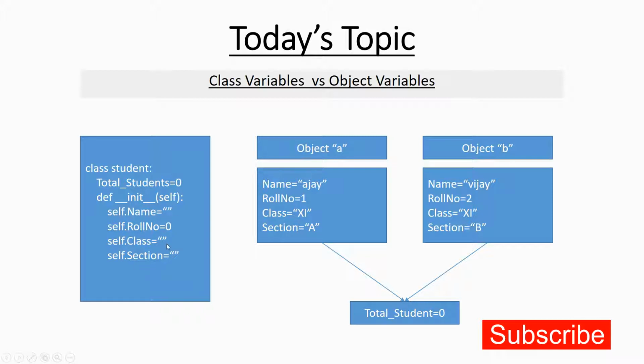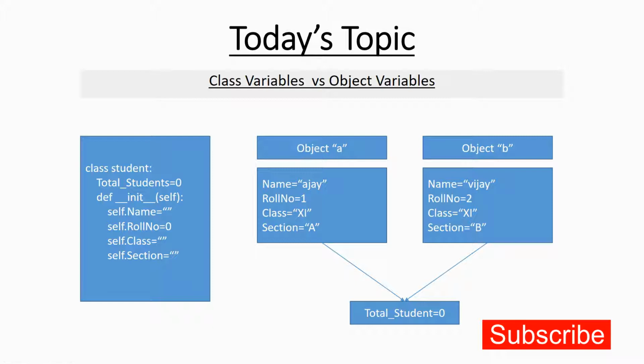All these variables are considered object variables because every object has its own set of copies. Suppose I create two objects, a and b. A will have its own set of variables, name, roll number, class and section, and B will also have its own set of variables with its own values, isn't it?